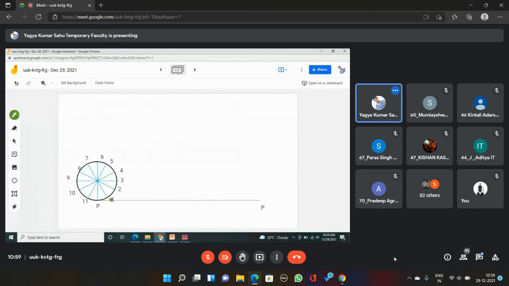So 1, 2, 3, 4, and 12. So now we have 12 equal parts.